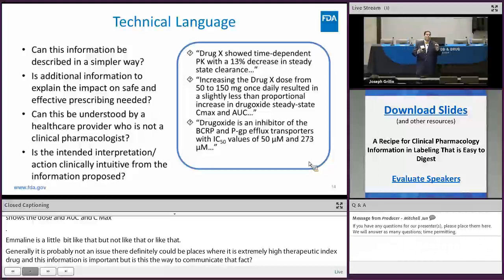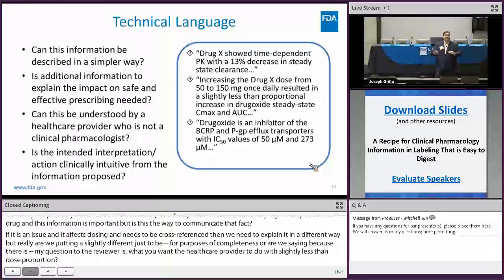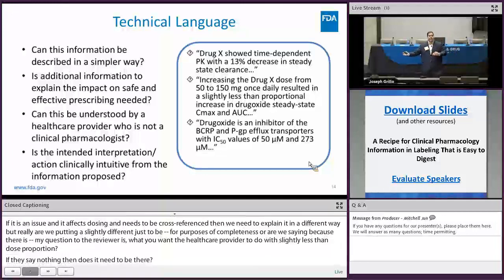My question to the reviewers when I come across these kind of things is, what do you want a healthcare provider to do with slightly less than dose proportional? And if they say, well, nothing, then does it need to be there? If they say something, then I'll say, well, then let's just say that. Whatever they tell me, they'll say, well, I want them to realize that this is why we changed the dose. Then we need to communicate it better that way.